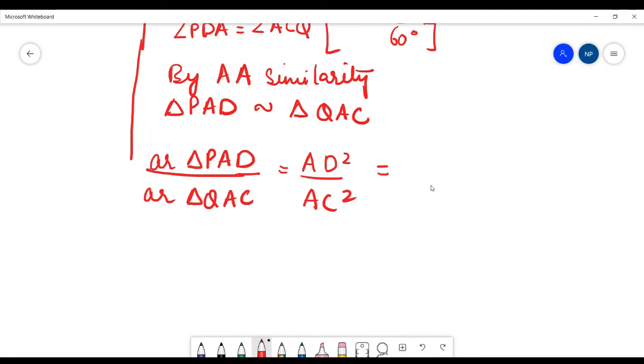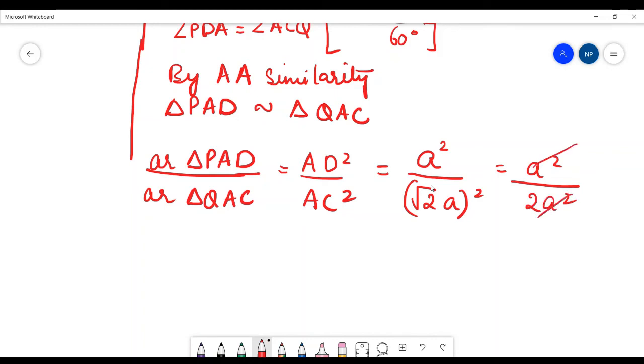Now, AD square is how much? Since it is an equilateral triangle, if you see the diagram, children, we have taken all the sides of the square to be A. AD is a side of the square as well as a side of the equilateral triangle. So it is A square upon AC square. AC is the diagonal that we have found as root 2A, whole square. So we have A square upon 2A square.